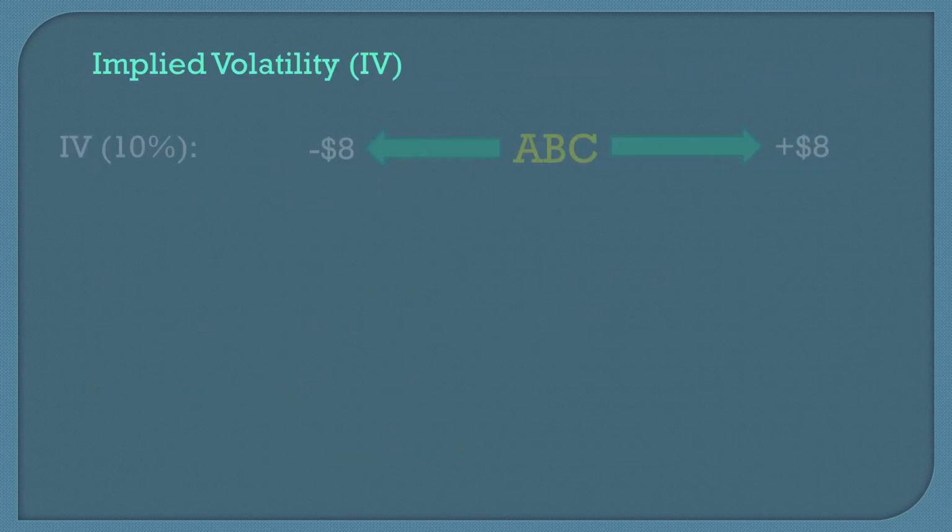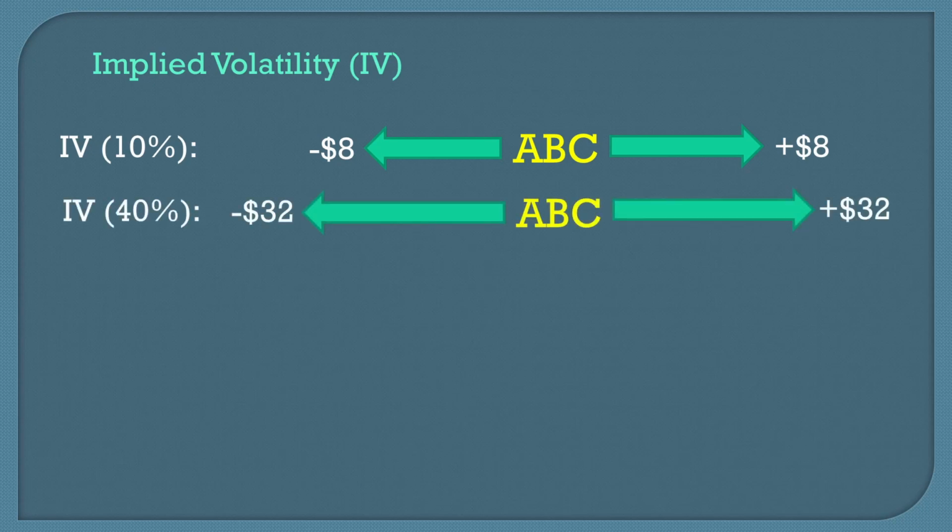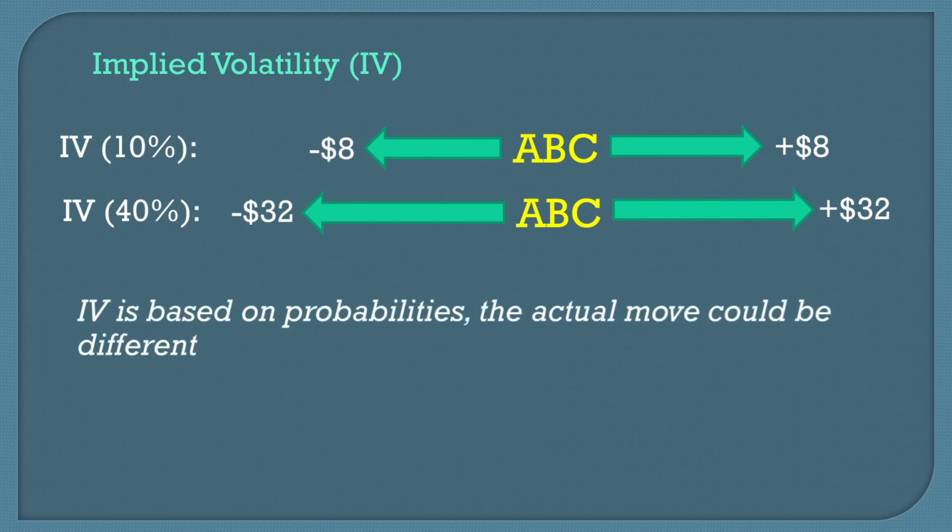Now let's say at 10% implied volatility, we expect to see an $8 move. When IV increases to say 40%, we expect to see a larger move of maybe $32. But please keep in mind that IV is based on probabilities. The actual move that happens can be different.